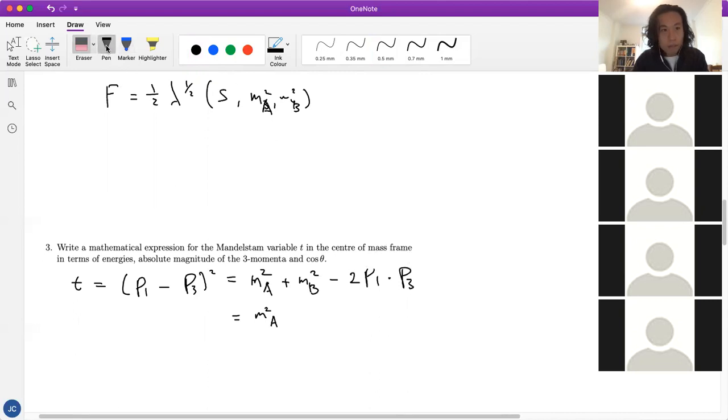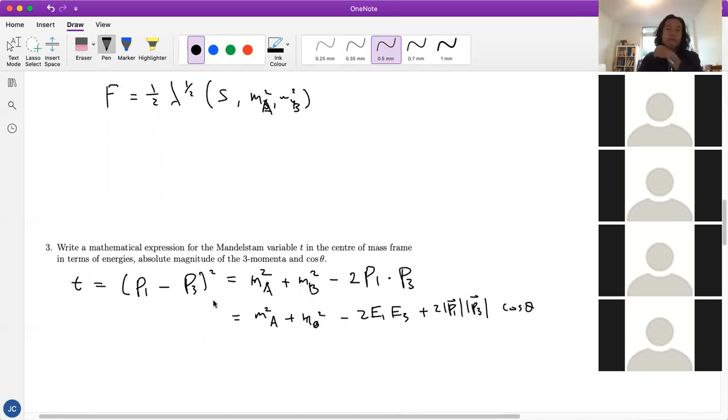So the 4 momentum dot product: mA squared plus mB squared minus 2 E1 E3 plus 2 p1 p3 cos theta. Okay, so that's t in terms of the energy, absolute magnitude of the 3 momentum, and cos theta.